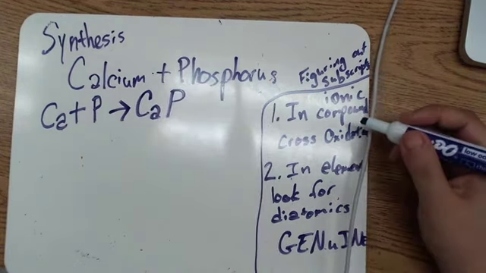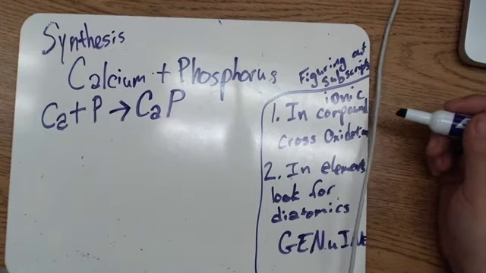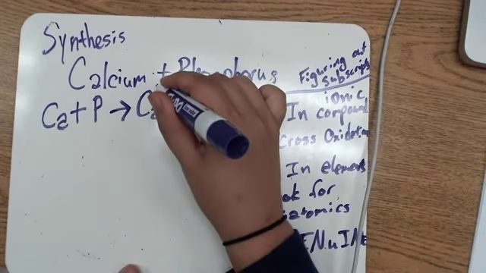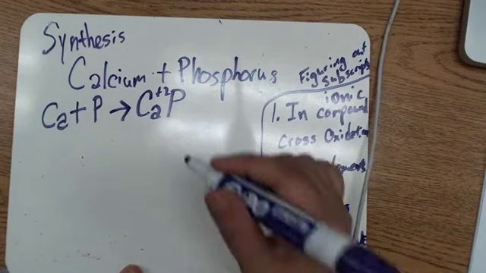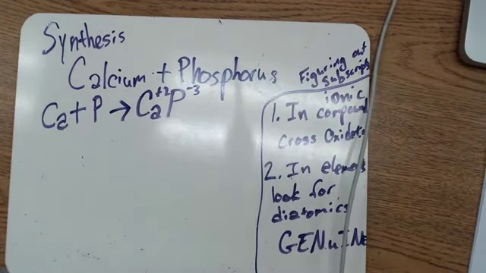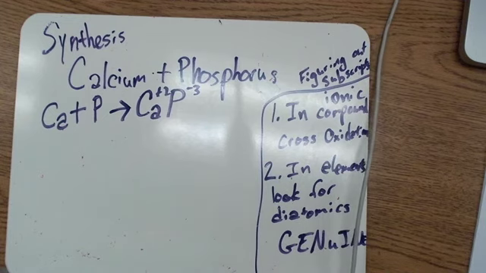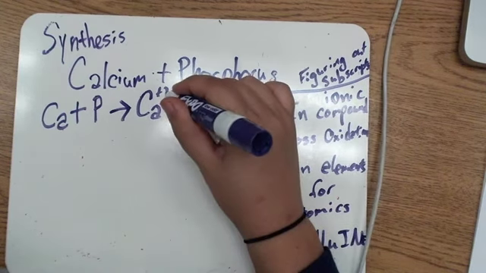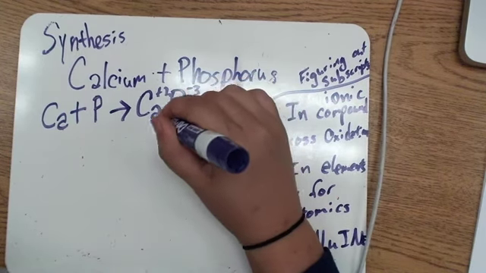According to the notes, in ionic compounds, you cross your oxidation numbers. Calcium has a +2 charge. Phosphorus has a -3. Let me make sure on that. Sometimes I forget my oxidation numbers and I have to check. Pretty sure. Yes, it's a -3.